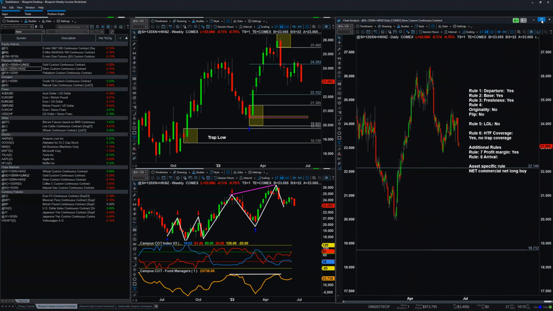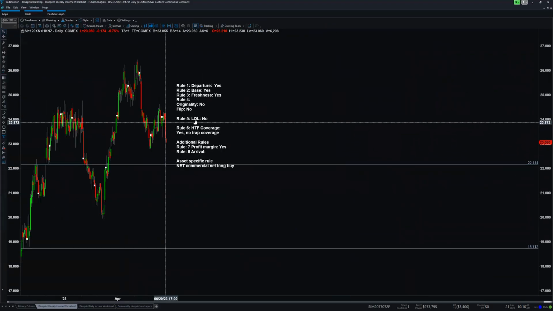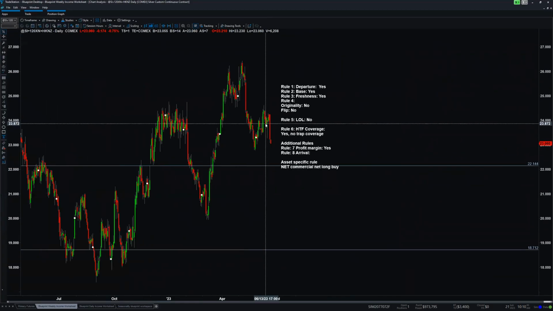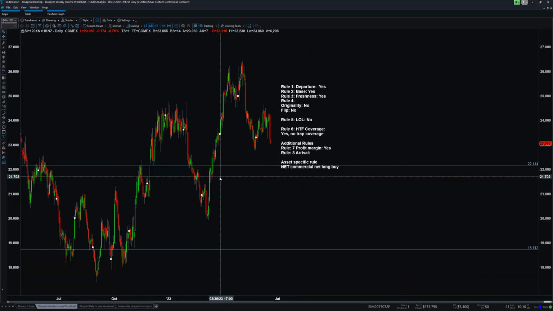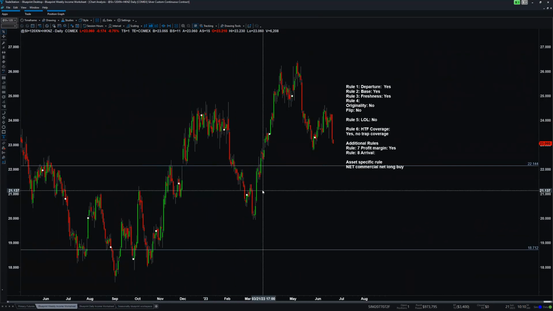So now, simple. Let's look for demand. Let's look for explosive green candles. First one that I see is coming into play here.